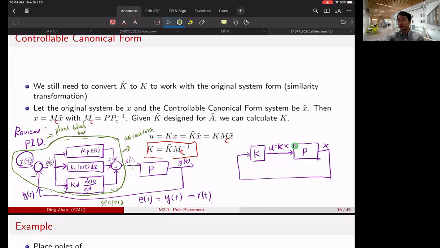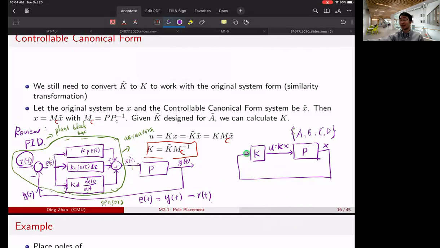But what if you know more about this P? For example, P is a linear plant that I can represent using A, B, C, D. If you know this knowledge, you can do a little bit better.